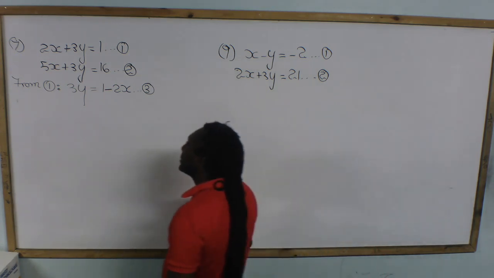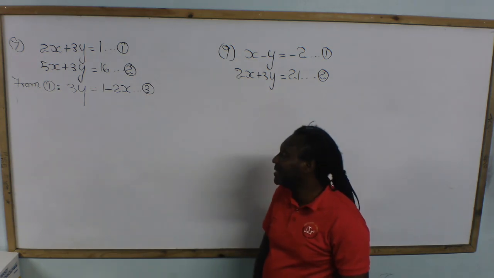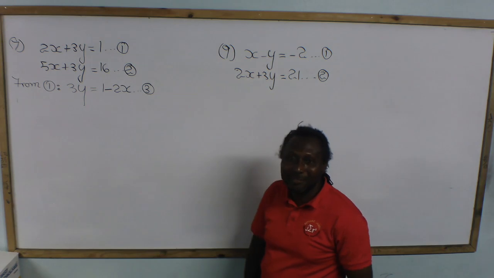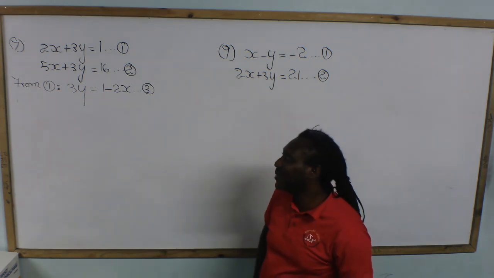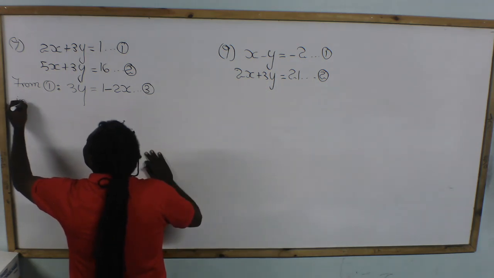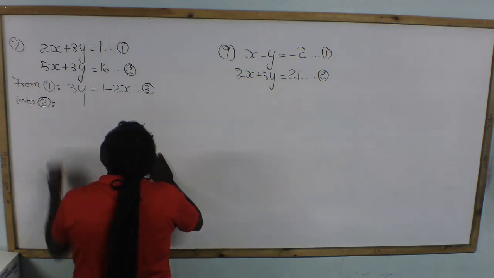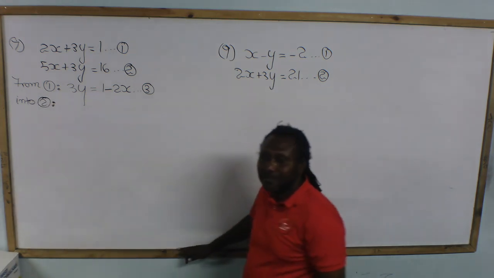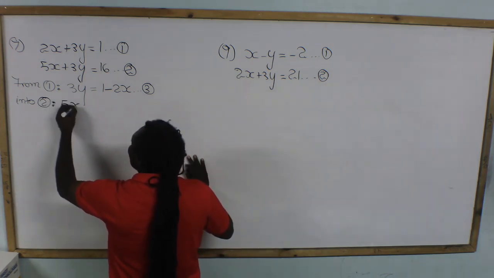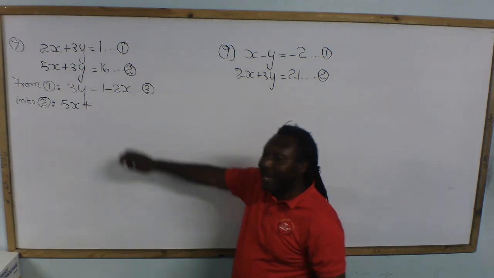So from equation 1, 3y is equal to 1 minus 2x. That is your equation 3, and we will put that into equation 2. Then we have what? The 5x plus 3y.